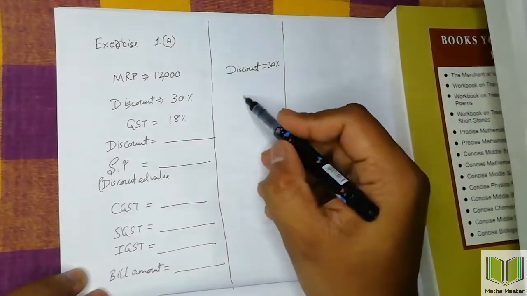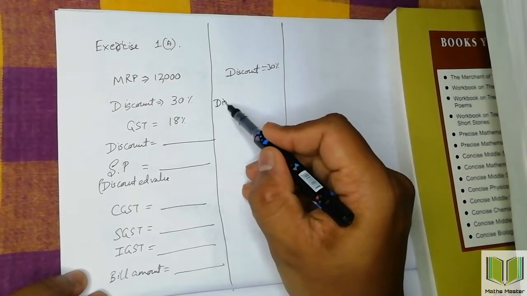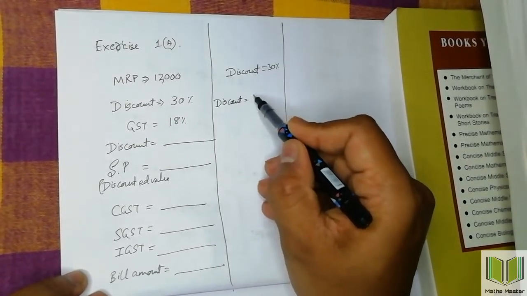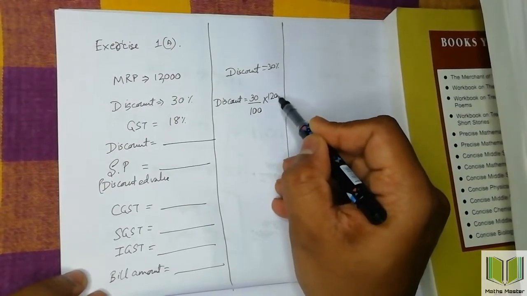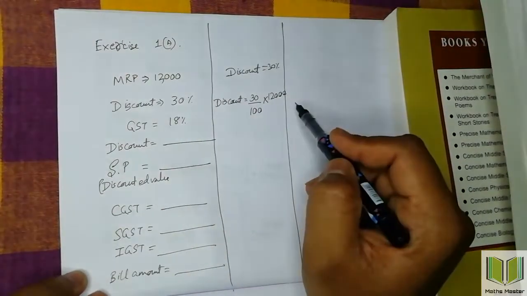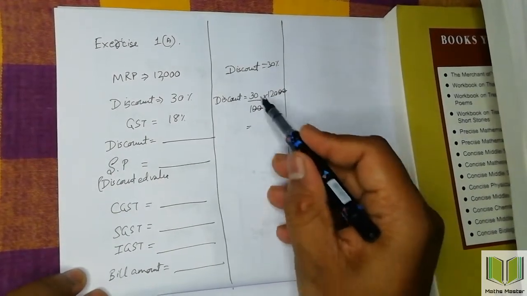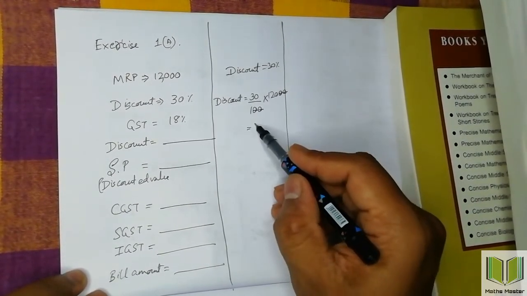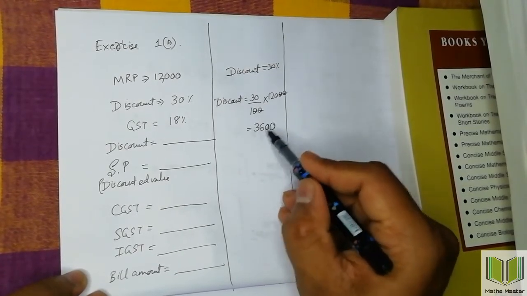Discount is equal to 30% is what they have given, so 30% discounted from MRP. My discount will be equal to 30% of 12,000. Three times 12 is 36, two zeros, 3,600 rupees.